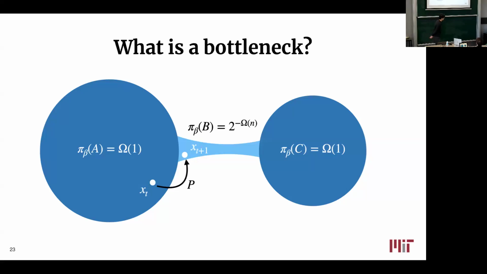The locality of the sampler, where it can only flip one bit at a time, is such that the regions are defined so that every time I take any bit string x_t in region A and apply my transition matrix, I always have to go through B in order to get to C. If you have this kind of condition, then classically this is enough to get slow mixing. I won't show you the proof, but I'll show you the quantum bottleneck proof eventually. But this is like a 3-line proof or so.